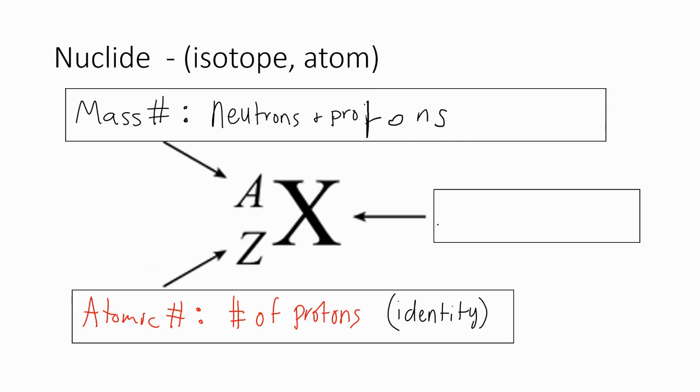And then this is our atomic symbol. So if we can figure out the number of protons, we can look at our periodic table. That's the atomic number listed on our periodic table, and then we can go and find the atomic symbol.